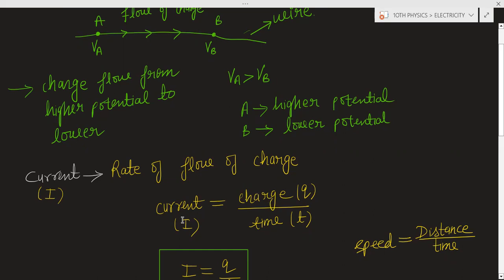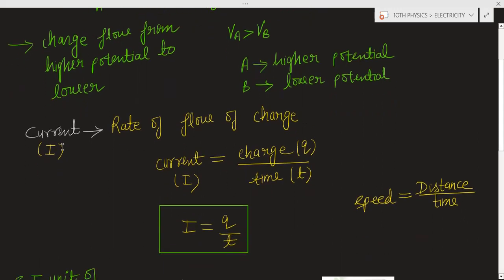The formula to calculate the current is equal to the charge flowing divided by the time for which the charge is flowing. Current is represented with capital I, charge with small q, and time with small t.